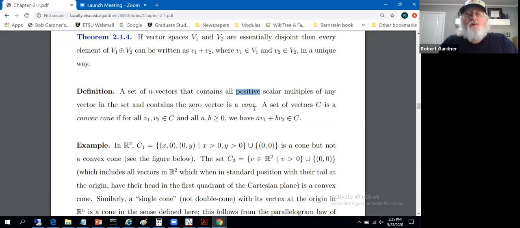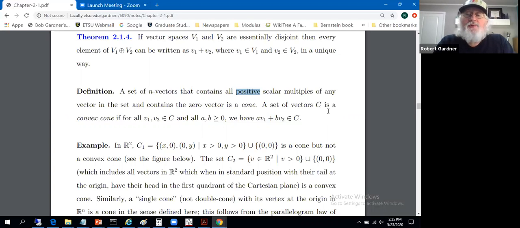Okay, so we have some kind of closure. It's a closure under only scalar multiplication, and then only when the scalars are positive. So a cone is a collection, set of n vectors, that satisfies closure in this sense. Oh, and it includes the zero vector because they said it does.